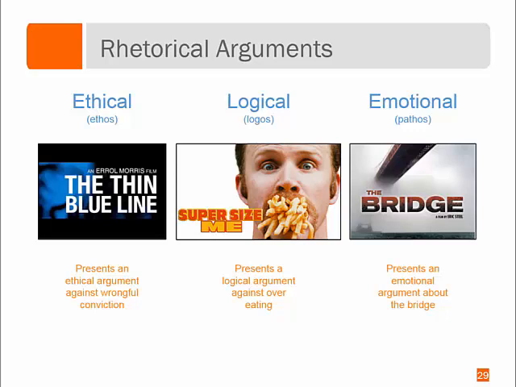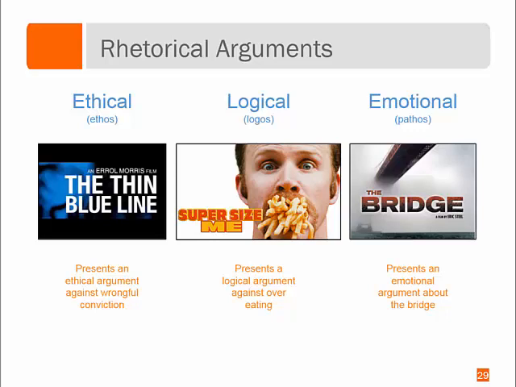And then third, emotional. So probably most of you guys have seen images. Maybe you've all been to the San Francisco Bridge. It's sort of this huge orange-red man-made structure that stretches across the San Francisco Bay.